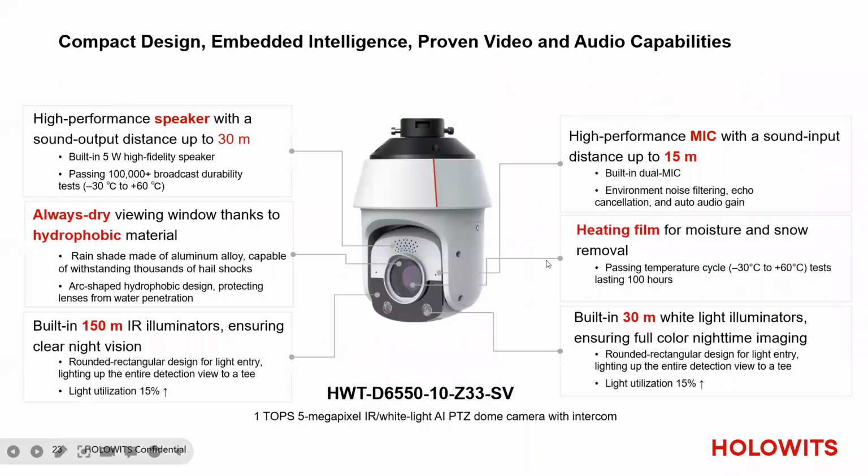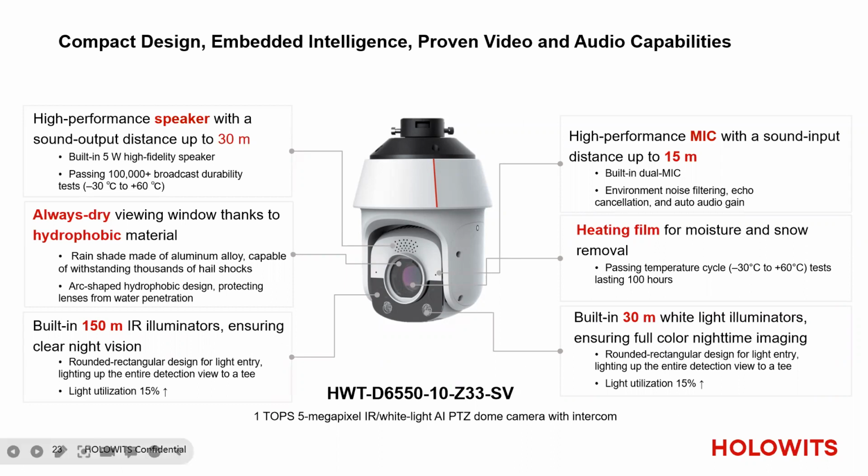Okay, the next product is the D655010-633SV, which has a compact design and integrates a wide range of functions, including PTZ, intelligent functions, and intercom function. You can see its hardware here.